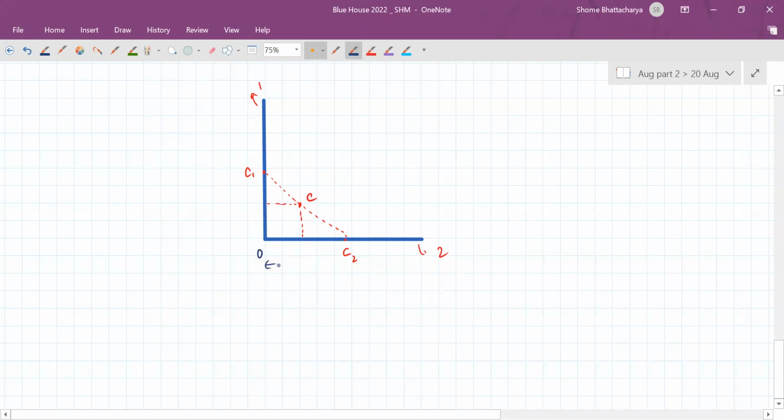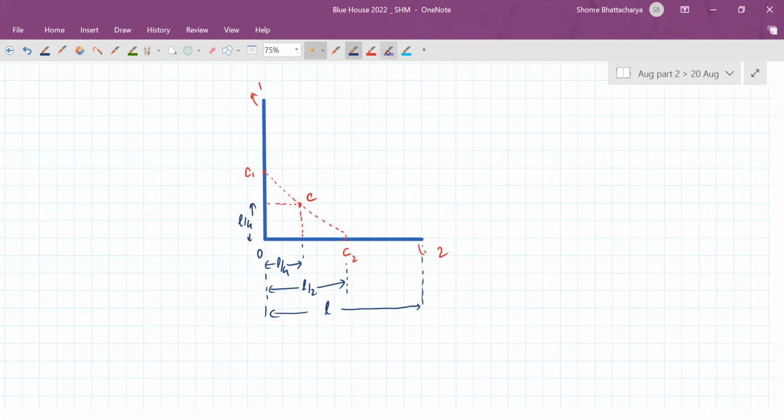Yes, because it's at the midpoint of these two centers. This is L/2 because this is L. So it will be L/4.